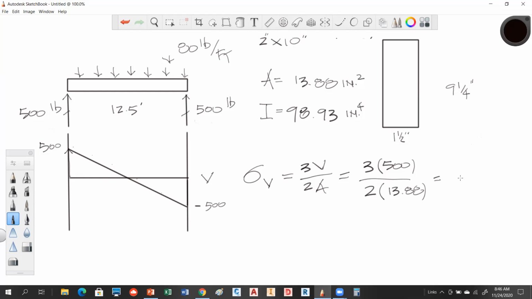You guys check this, I get 54.0 basically PSI. You get 54 PSI?